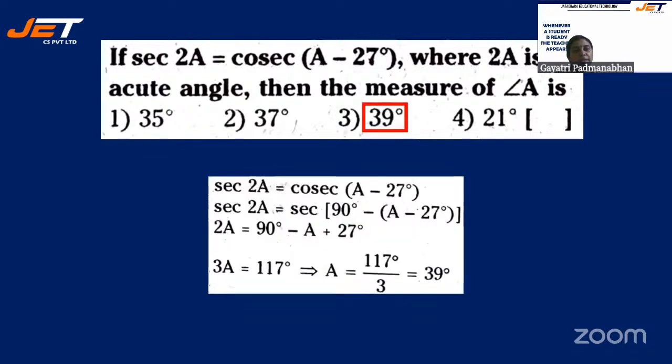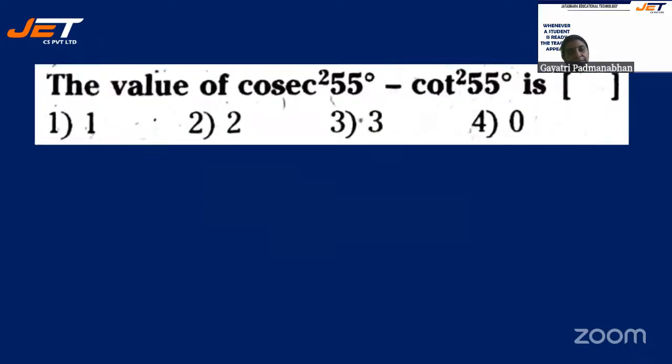So secant 2A is nothing but cosecant of A minus 27 degree, which is nothing but secant of 90 degree minus of A minus 27. Right? So 2A is equal to 90 degree, and when this minus goes inside, it becomes minus A, then plus 27 degree. So you get 3A is 117 degree, so A is nothing but 39 degree. That's why your option 3 is correct.